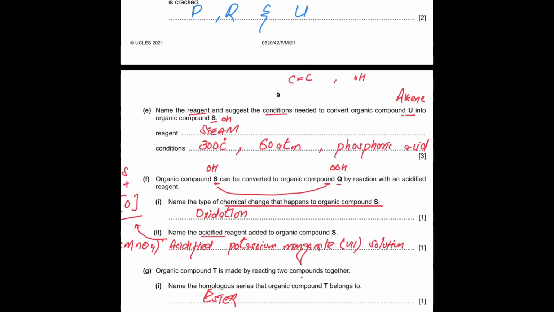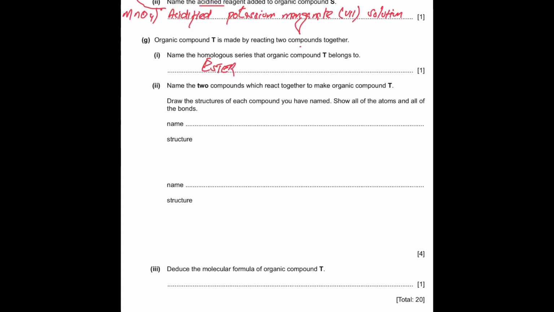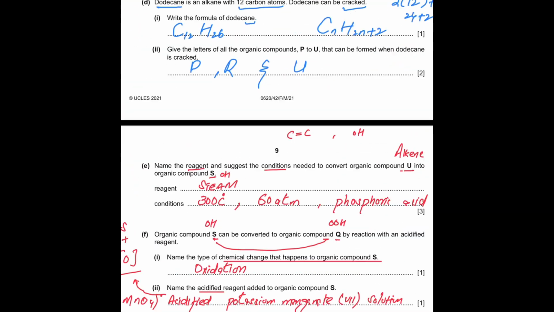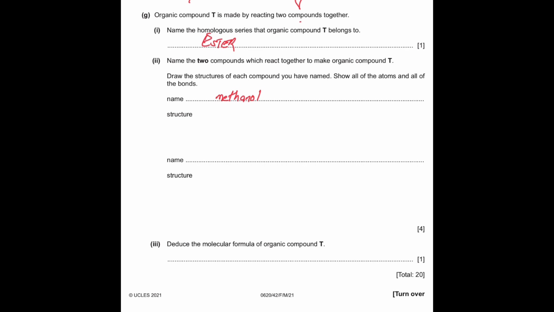So the first species is methyl, so it will be methanol. Methyl belongs to methanol. And the other one is butanoic acid. Methanol belongs to the family of alcohol, and butanoic acid belongs to the family of carboxylic acid.